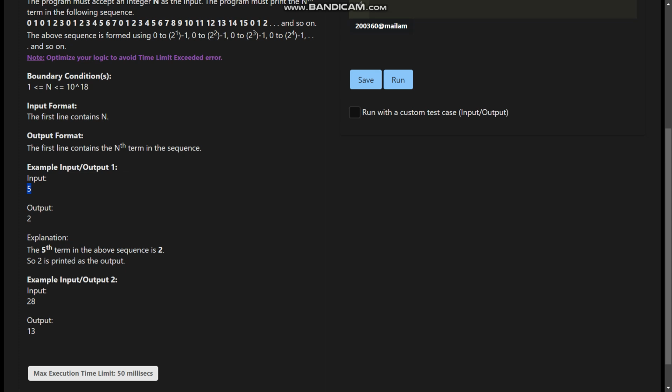We are finding the category the given term falls under, whether it is 2 power 1, or 2 power 2, or 2 power 3, and then where exactly it occurs in that category.